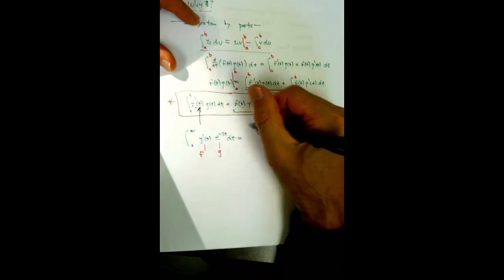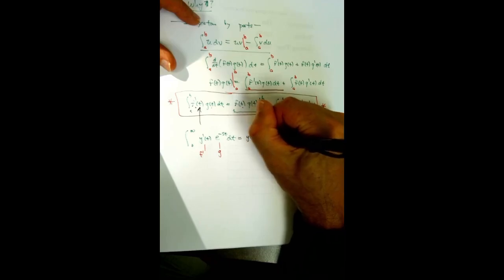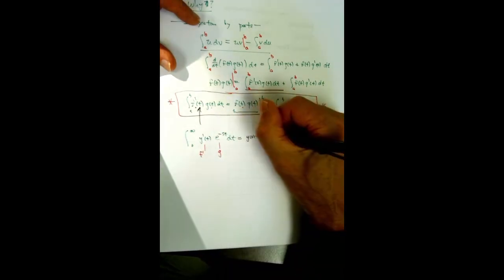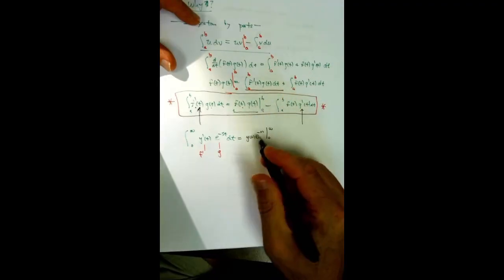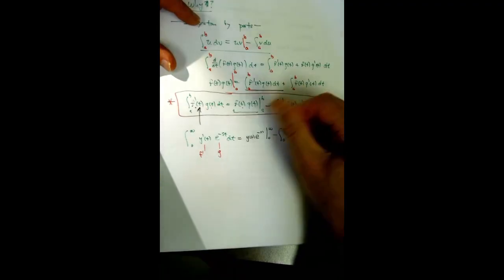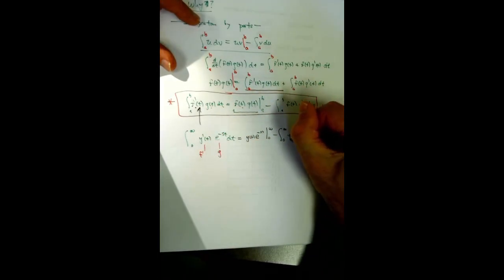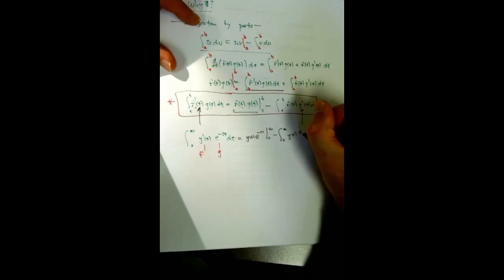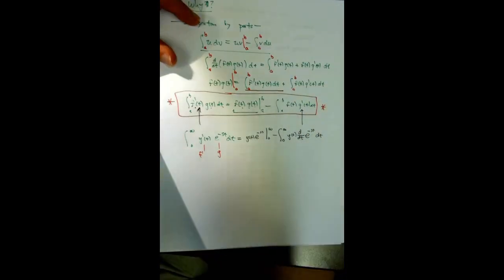Well, this is going to be equal to, so I take the derivative off the y, and then take y times my g minus the integral on my bounds. So my f is going to be y of t, and then I'm going to have a derivative with respect to t of e to the minus st dt.